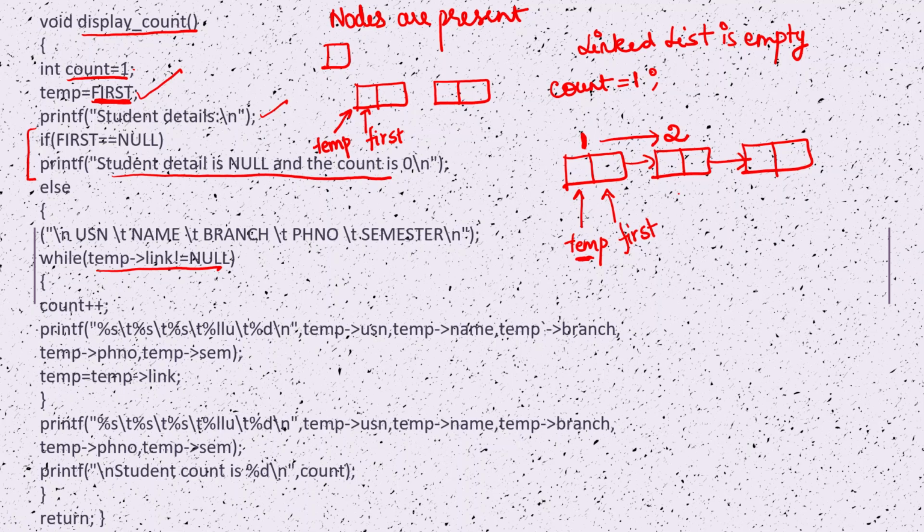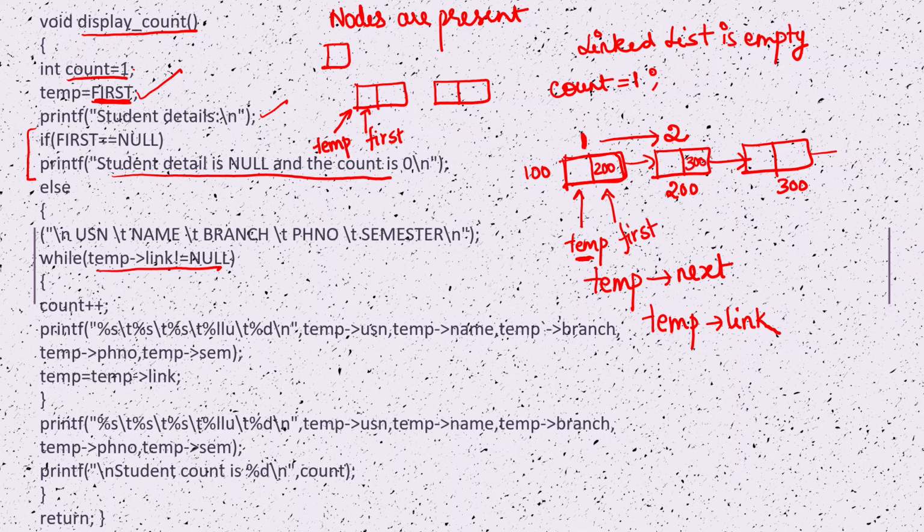So temp's next, or temp's link, wherever it is pointing to, if there is a valid value, that means the next node is present. For example, if this is 200, this address is 100, and this is 300, then if this node has a next node, that address part will not be null. Next time this will contain 300.